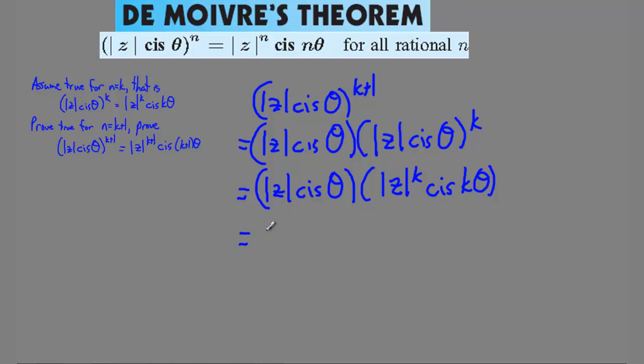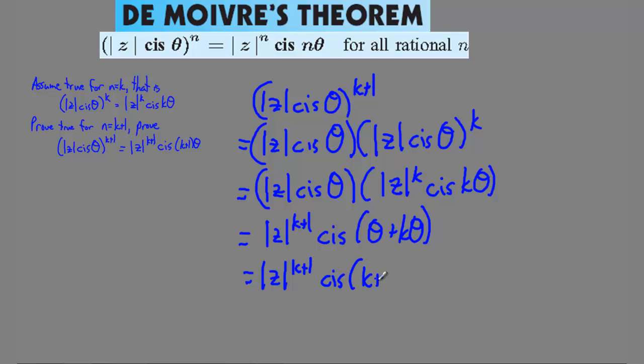That, when we multiply it out, multiply the modulus of z's together, so that's modulus of z to the k plus 1. And our rule for cis multiplication kicks in. That would be theta plus k theta. And all we have left to do is look at the proof portion. What we're trying to get to is just to factor out a theta.